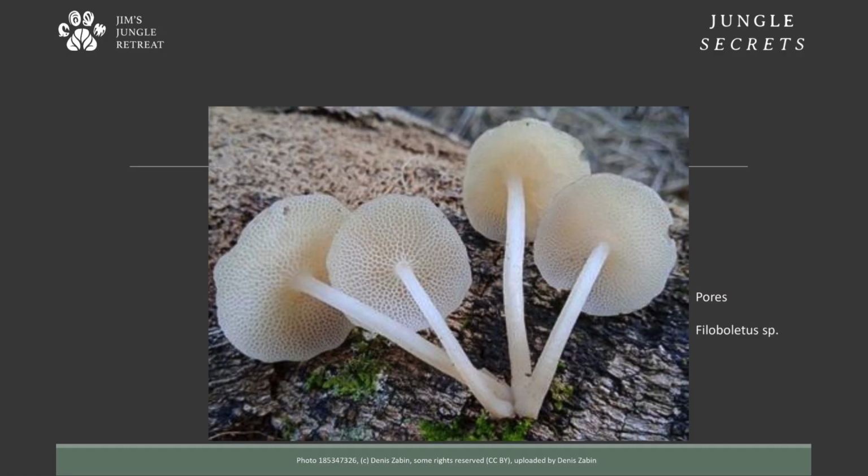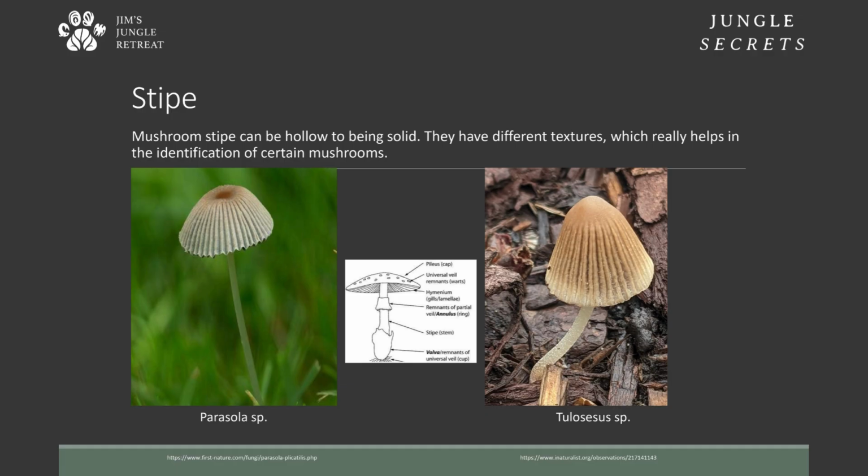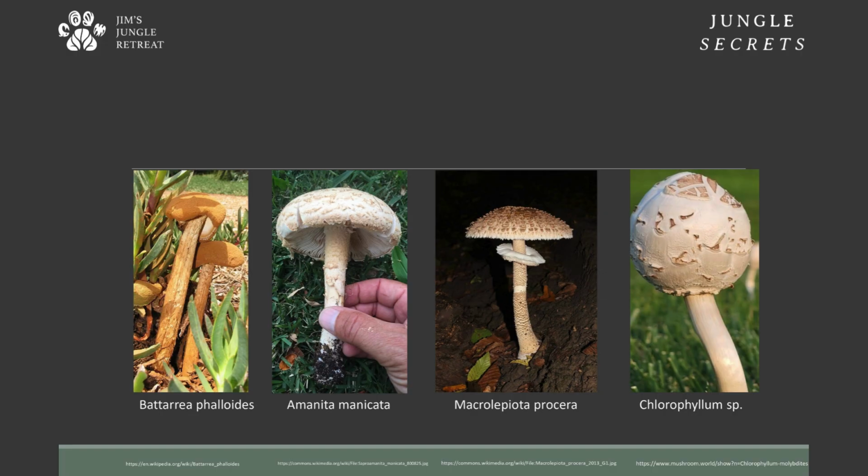After coming from the cap, we checked the edge of the cap, we checked the underside gills. Now we talk about the stipe, which is the stem. There are mushrooms which have no hair on the stipe. There are mushrooms which will have a little bit of hair on the stipe. In fact, there are a lot of different types of stipes. You see every stipe over here is looking very different.